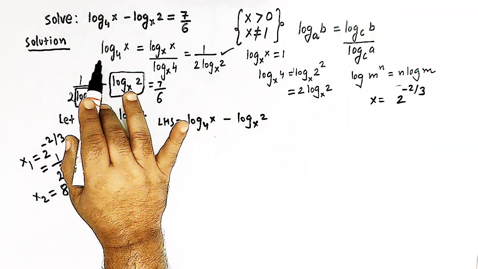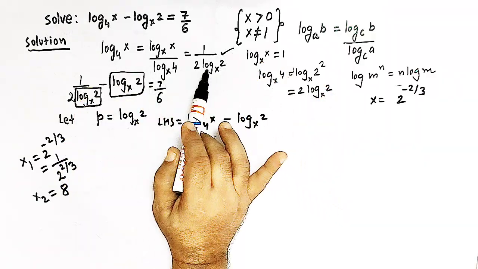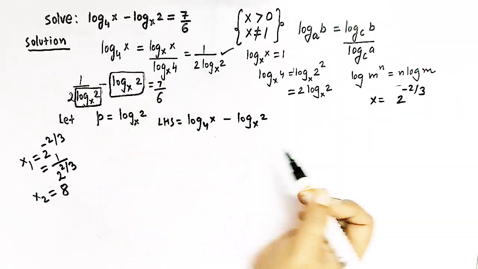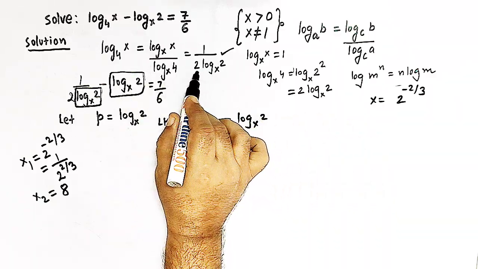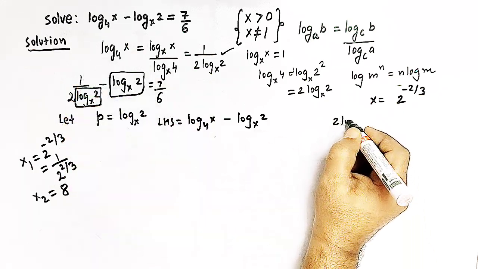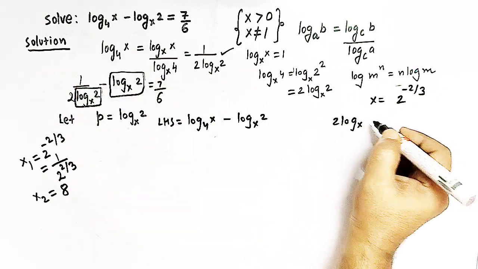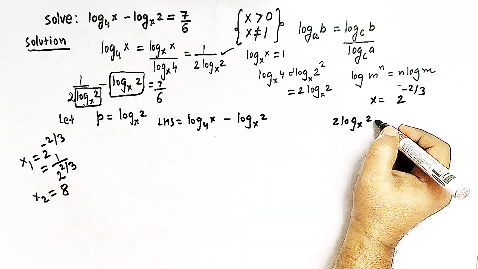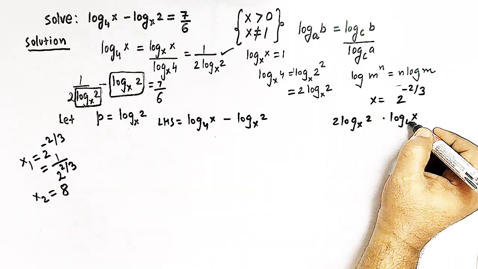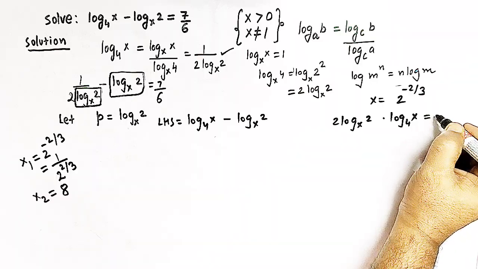So let us write the value of log 2 to the base x as we can take this term to this side. So we have 2 times log of x, log 2 to the base x, and then we have here log x to the base 4 is equal to 1.